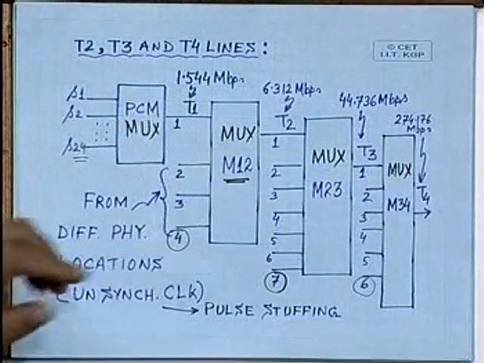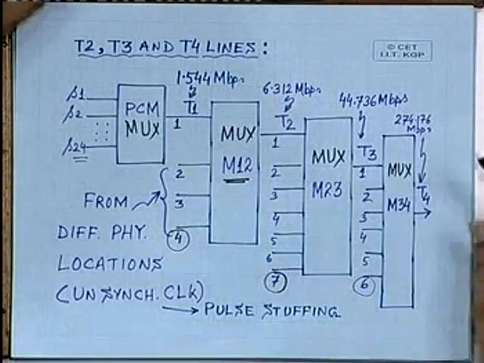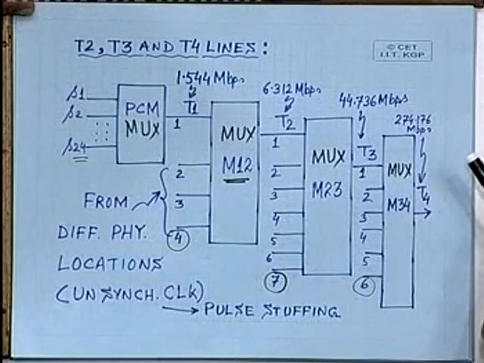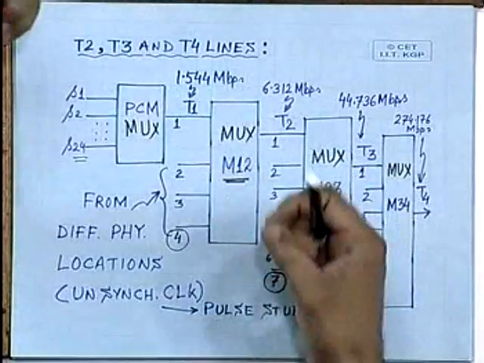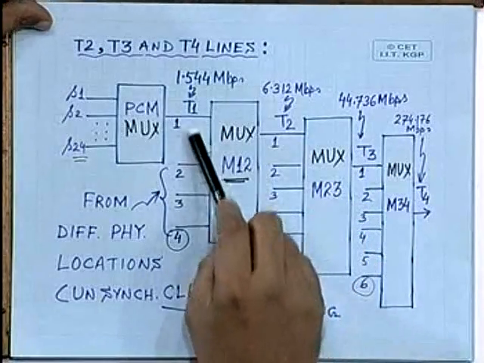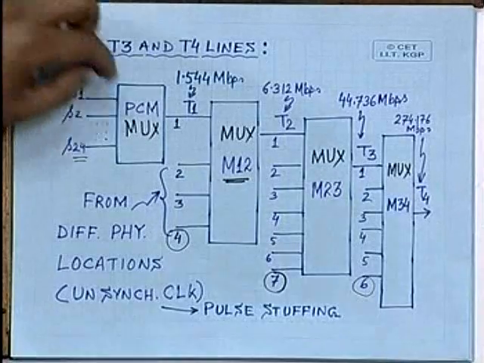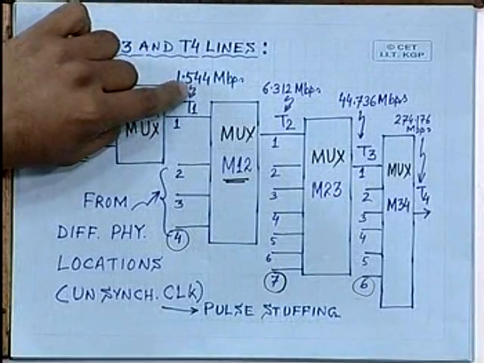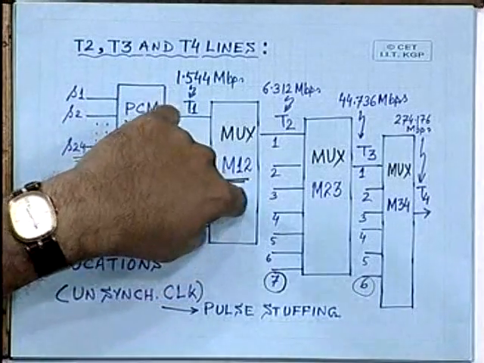That means these inputs may have been generated using independent though stable timing generators, and hence there may be a little bit of variation in the bit rate. Somebody's clock here may give exactly 1.544 megabits per second, in synchronization with the master clock here.